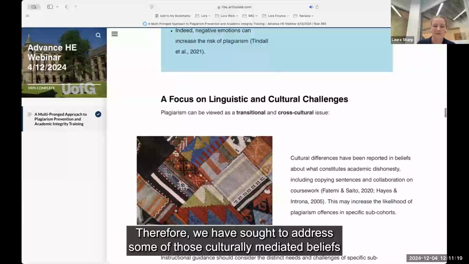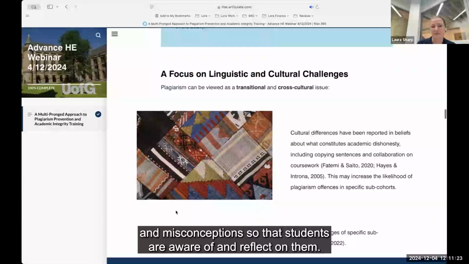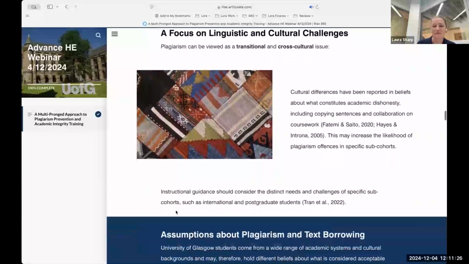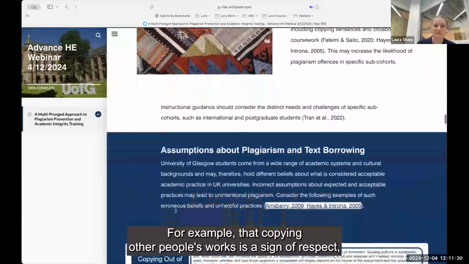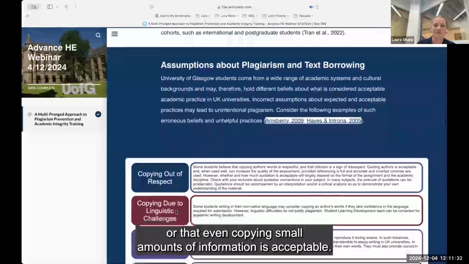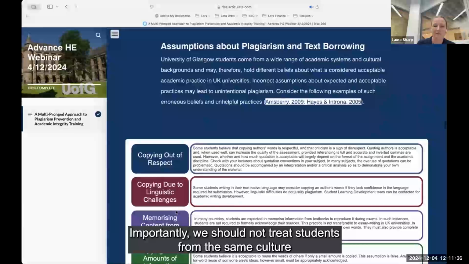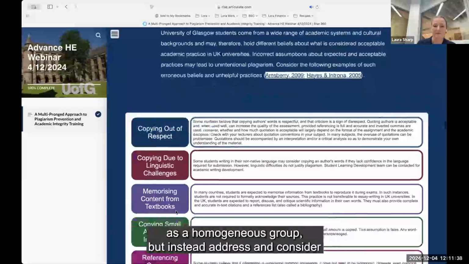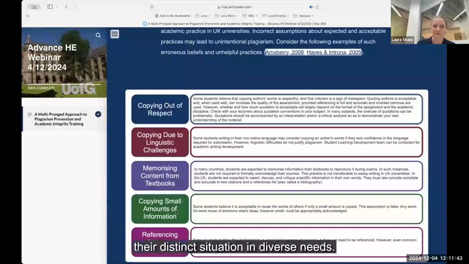Therefore, we have sought to address some of those culturally mediated beliefs and misconceptions so that students are aware of and reflect on them. For example, that copying other people's words is a sign of respect, or that even copying small amounts of information is acceptable. Importantly, we should not treat students from the same culture as a homogeneous group, but instead address and consider their distinct situational and diverse needs.